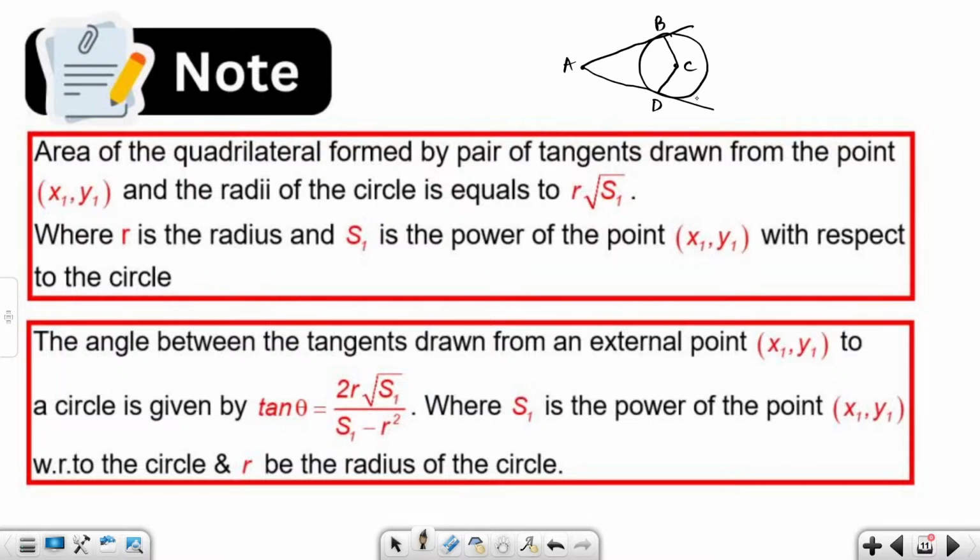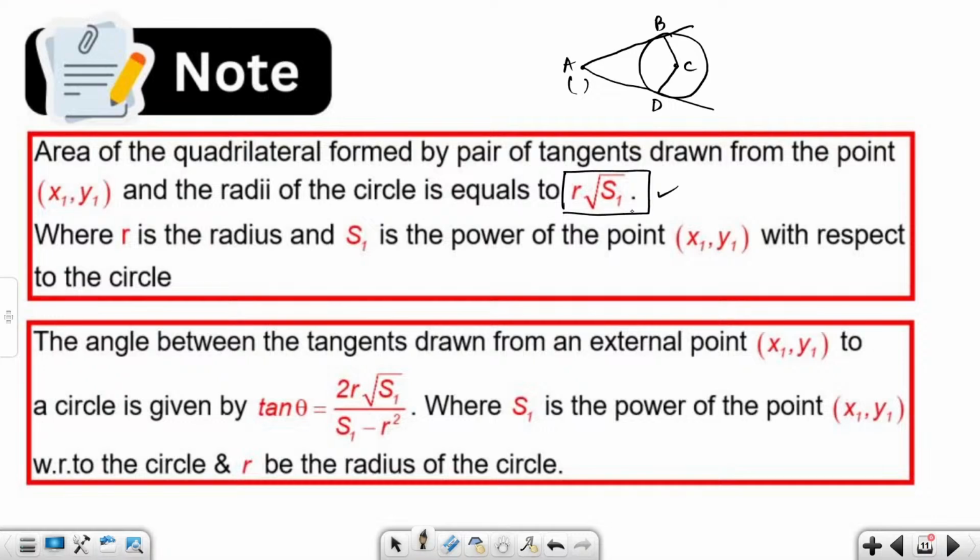The area of the quadrilateral is r into root over S1. What is r? r is the radius of this circle. And what is S1? S1 is the power of the point A with respect to the circle. So that will be the area of the quadrilateral ABCD. Please do remember this. Okay, as I told you, it will make the problem easier.